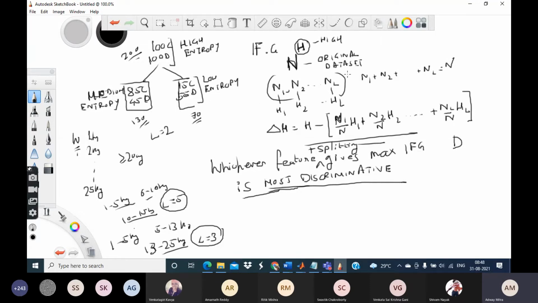Similarly, the color feature takes 3 values: white, yellow, and black. Either I can go white, yellow, and black separately, or I can put white and yellow in one bucket and black in another, or white and black in one bucket and yellow in the other, and these kinds of things I may also do.